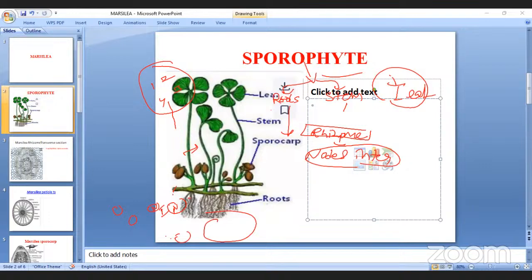Now tell me, what is the reproductive part in Pteridophyta? I'm not asking about a particular Marsilea, Lycopodium or Equisetum, but in general, the reproductive part. Antheridium, archegonium. They are also reproductive parts, but I am asking about the dominant stage. First of all, what is the dominant stage in Pteridophyta?